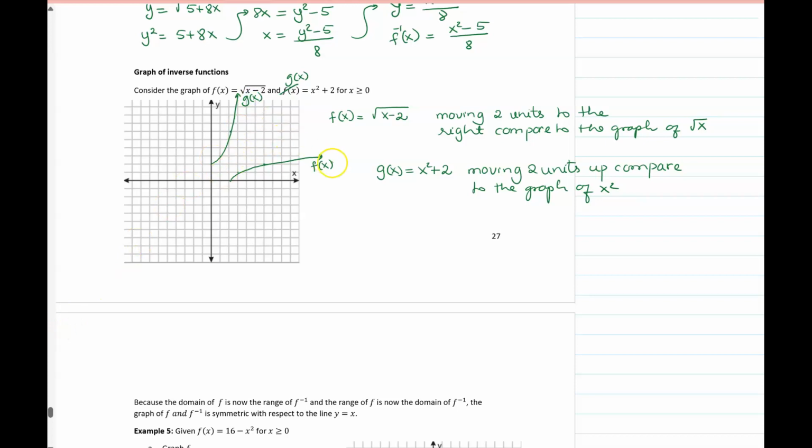So note that the graph of f of x and g of x is symmetric with respect to the line y equal x.